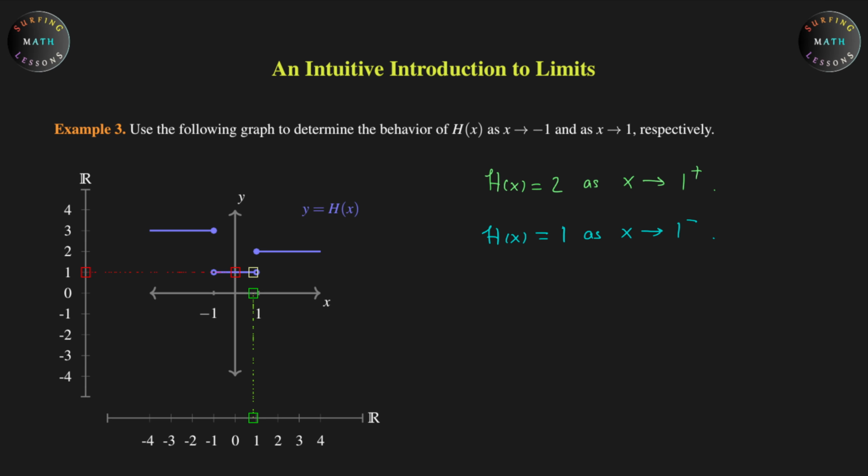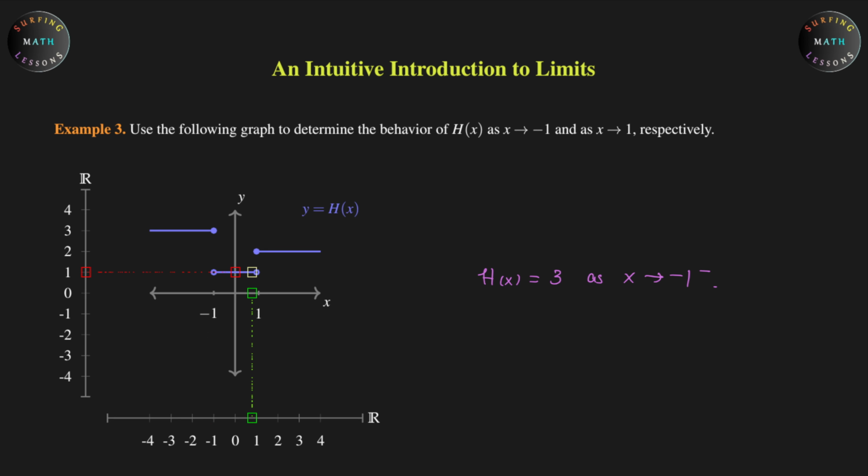Now we work on the second limit point. That is, we examine the behavior of h of x as x approaches minus 1. As x approaches minus 1 from the left, we see that h of x behaves like the constant function y equals 3.